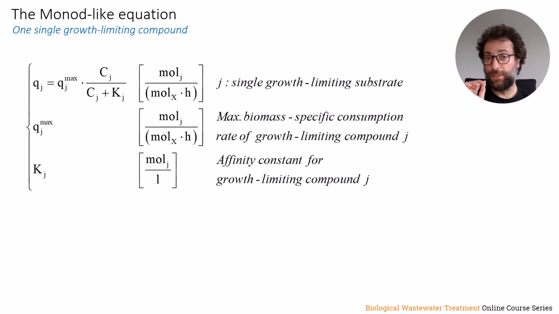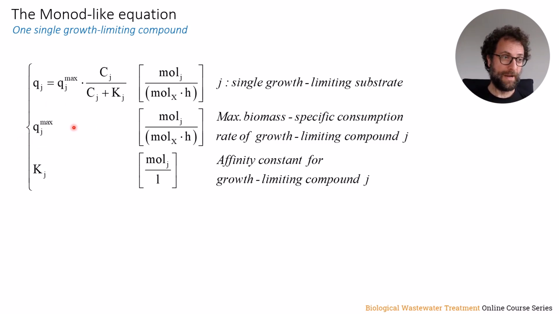Now I hope that this will get clearer in a couple of slides. However, let's define the terms that are involved in this equation, because these are the terms we will focus on in the generalized method that we will develop later on.